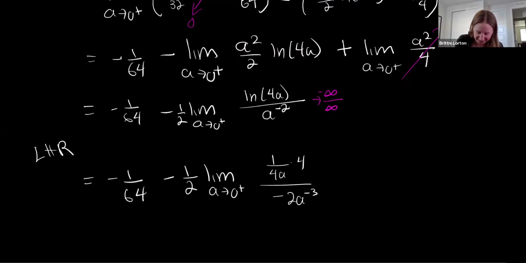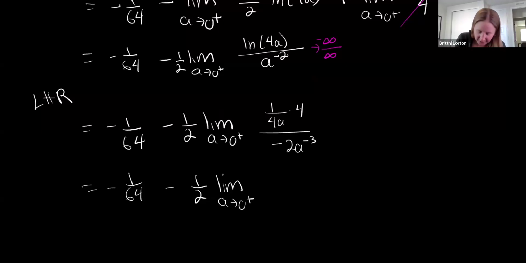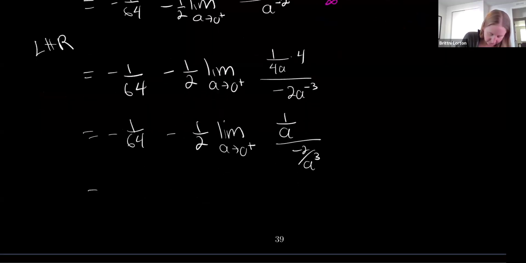Cool, all right, then I just simplify from there. So negative 1 over 64 minus 1/2 the limit as a approaches 0 from the right-hand side of 1 over a over negative 2 over a cubed, which of course I can simplify even farther.